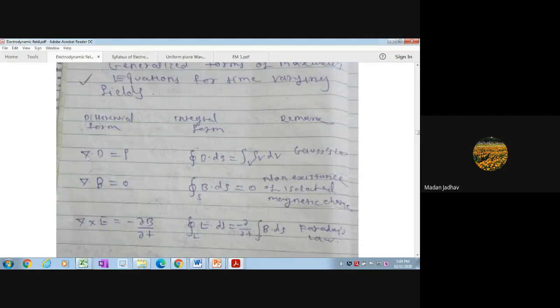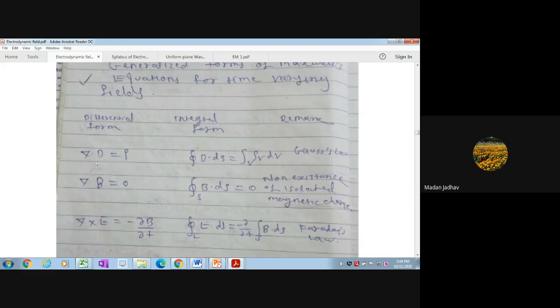differential operator. Now, when we take the divergence of electric flux density, it is the same as the volume charge density. The significance of this Maxwell equation: first of all we have to understand the significance of divergence.